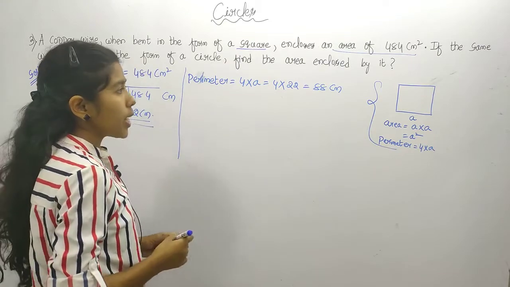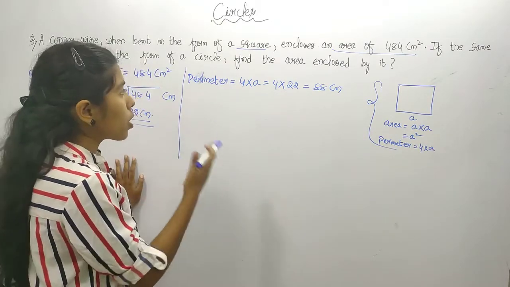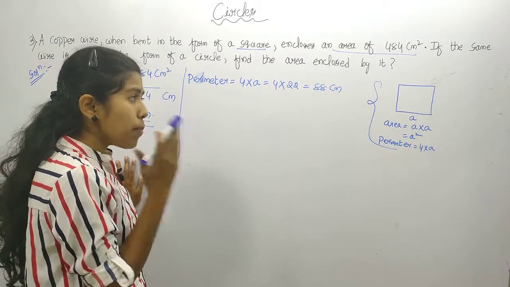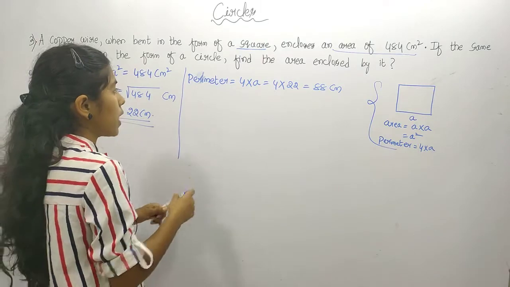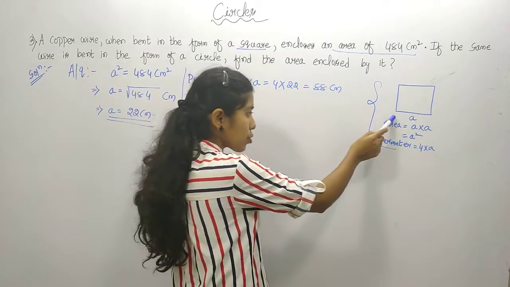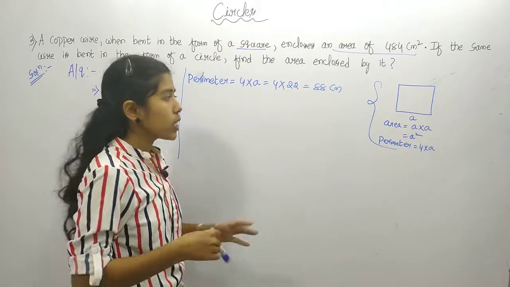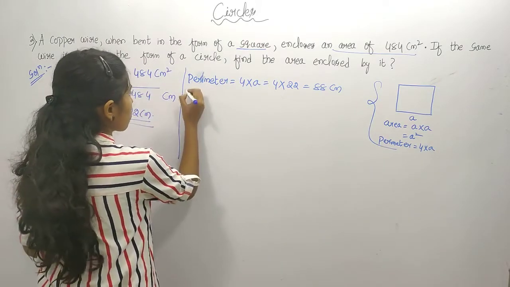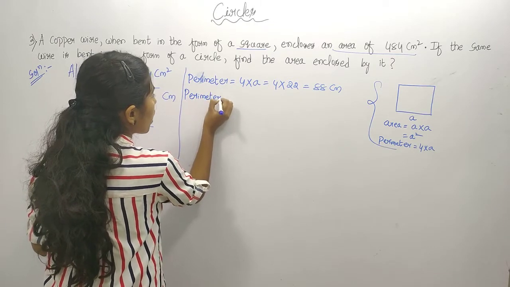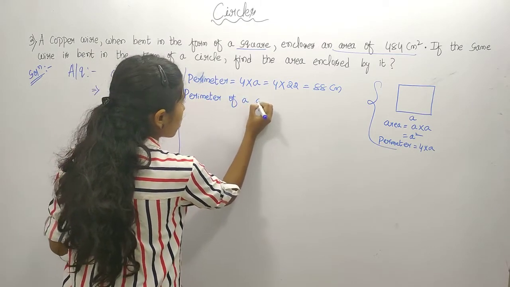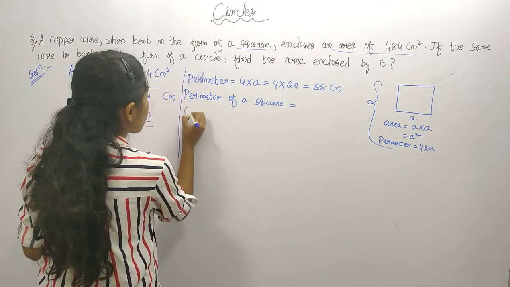Now what I have said, you have to bend the square, that is completed. Now you come to this circle. You have to bend the same wire in the form of a circle. So remember that the perimeter of the square equals the circumference of the circle. So you have to write here, perimeter of a square equals circumference.